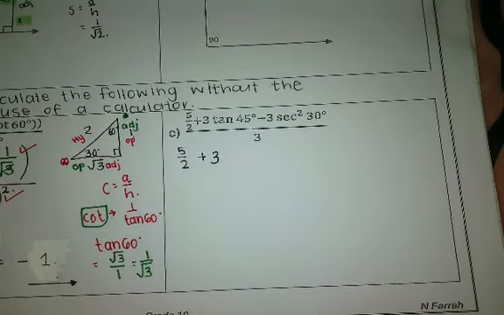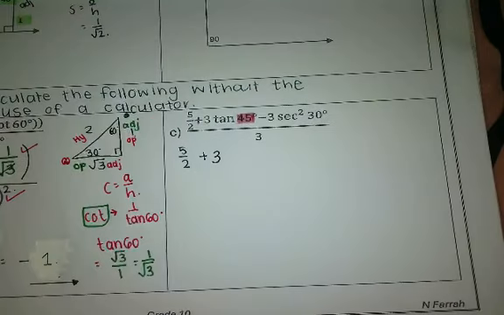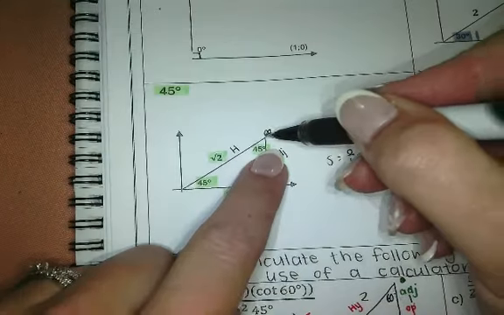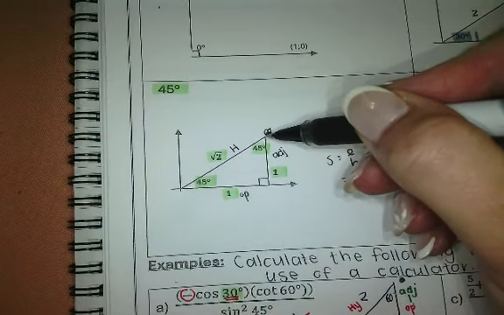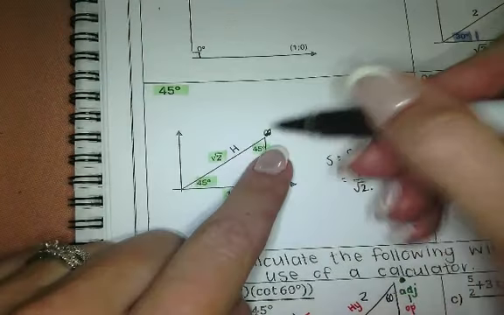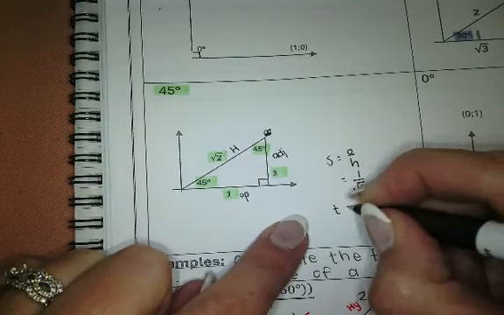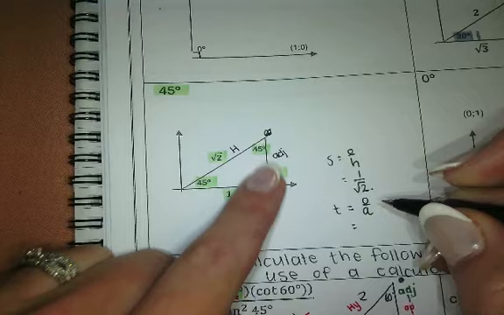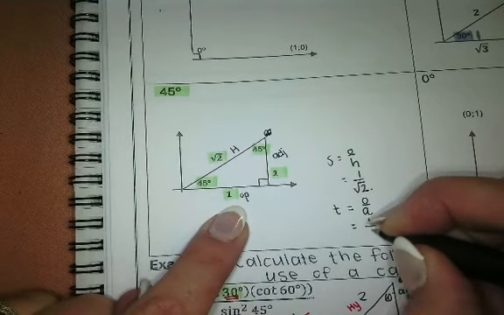So tan 45 is a special angle, so we are working in this one. I'm going to keep my eyes here because it doesn't really matter which 45 degree angle you work from. What is my opposite side? 1.